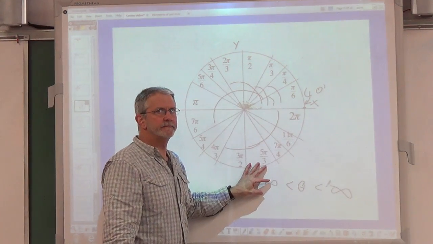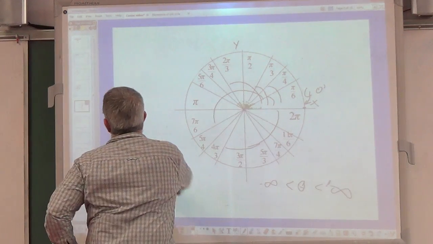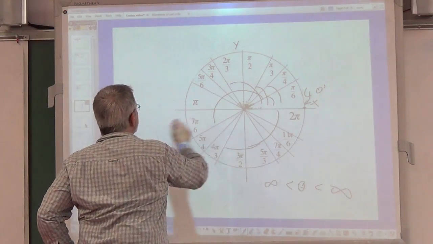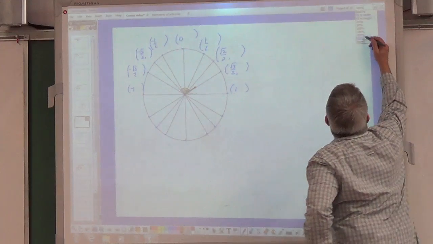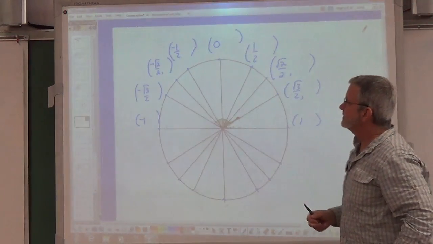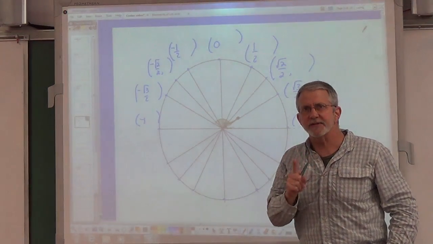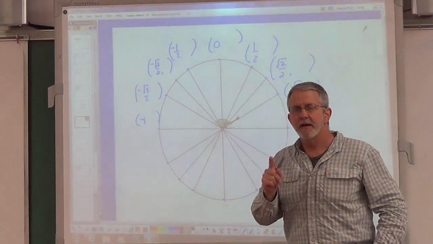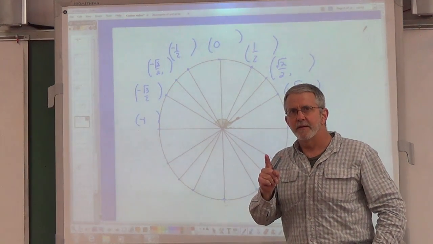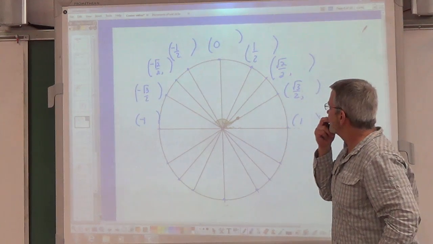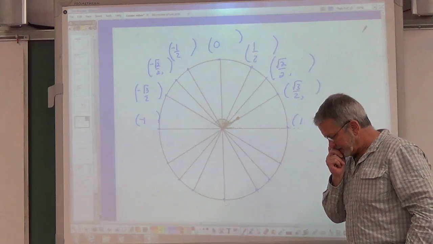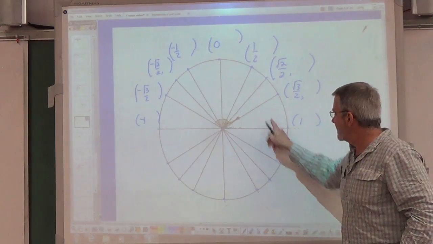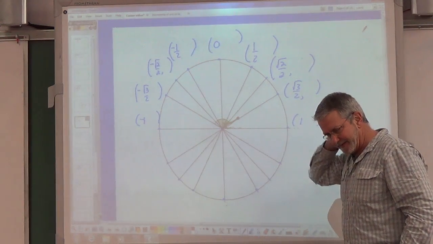Review. And then what did we do? For those specific values, keep in mind I'm only looking at the cosine values, the x values of those points. If theta was 0, the x was 1.